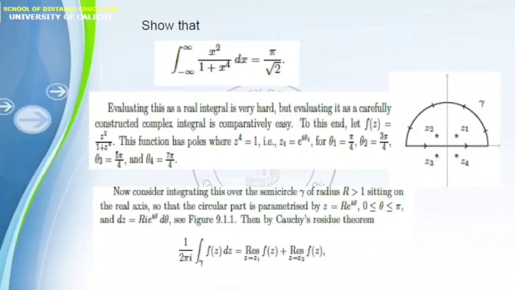Now consider integrating this over a semicircle gamma of radius r greater than 1 sitting on the real axis, so that the circular part is parametrized by z equal to r e raised to i theta, where theta varies from 0 to pi, and dz is equal to i r e raised to i theta d theta. So by Cauchy's residue theorem, 1 by 2 pi i integral over gamma f of z dz is equal to residue at z equal to z1 of f of z plus residue at z equal to z2.